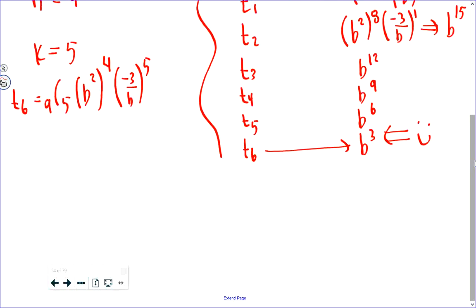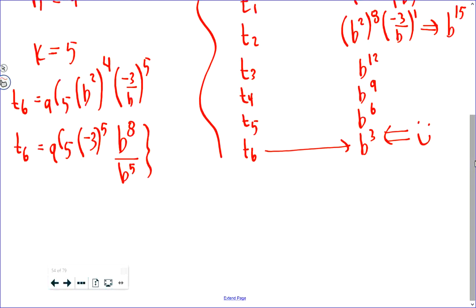If we simplify it, the sixth term is 9 choose 5. It's also going to contain a negative 3 raised to the 5. It's going to contain a b to the 8. You might just want to roll that around in your head and see how I got b to the 8. It's b squared raised to the 4. And this will also contain an over b to the 5.